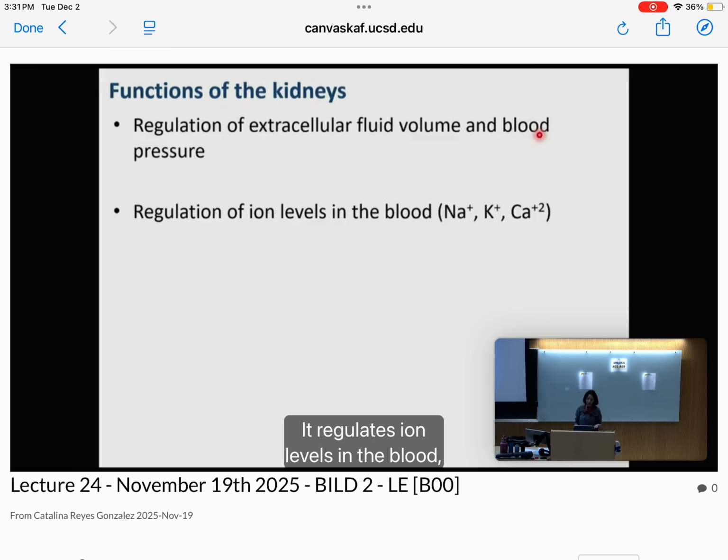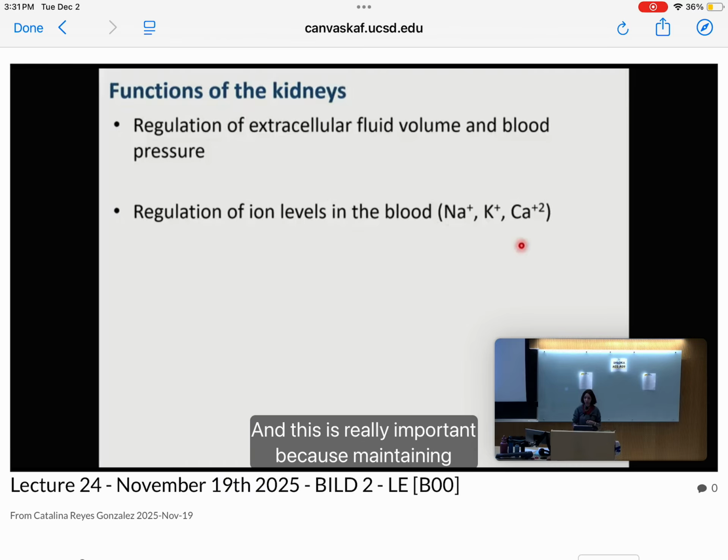The kidneys also regulate ion levels in the blood, so things like sodium, potassium, and calcium. In the last segments of the nephron, as I'll show you later today and on Friday, these ions can be regulated. If you have too much sodium, then you're going to remove that sodium. If you have too much potassium, you remove that potassium.